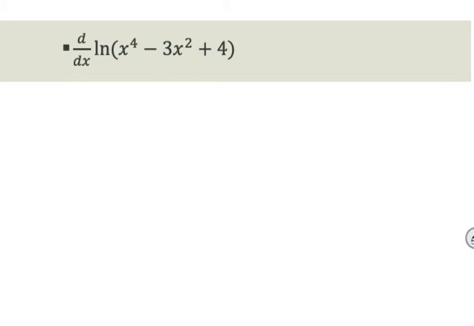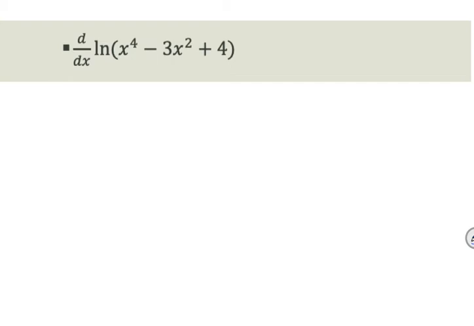We got ln, d dx, the derivative of ln of x to the 4th minus 3x squared plus 4. Okay, are we ready? So what I do is, if I know that, sometimes there's a lot of extra stuff going on, you'll see some of these problems.